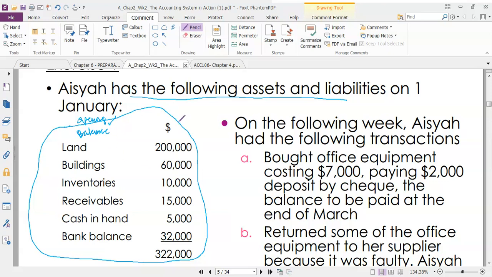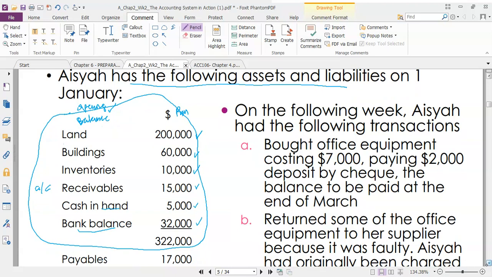Aisyah's business has land of 200,000, buildings of 60,000 ringgit, and inventory balance of 10,000. Receivable stands for account receivable, 15,000, and cash in hand, meaning cash in the business itself, 5,000. For the bank balance inside the bank account, we have 32,000 ringgit.